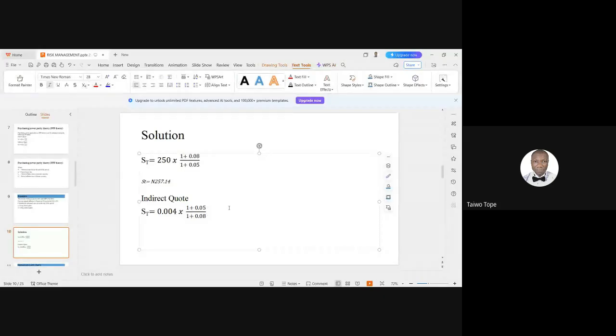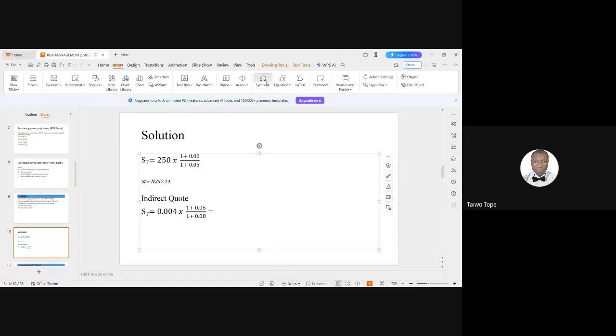Once you simplify, the result will be 0.00388.